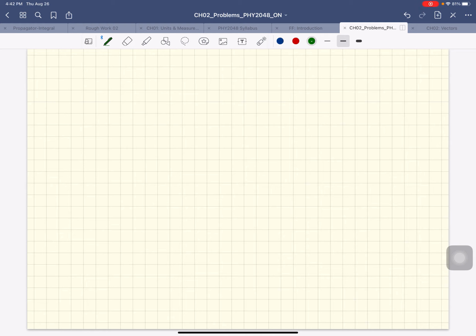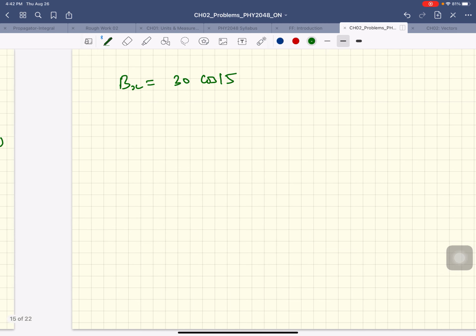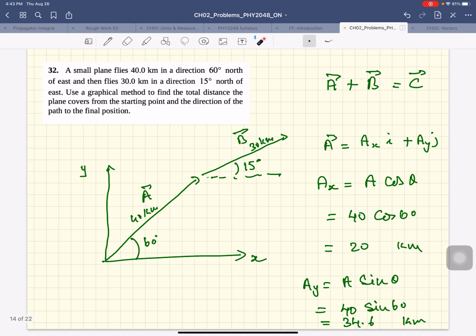Okay, Bx is 30 cosine 15. See, for B, the magnitude is 30 kilometers and the angle is 15 degrees.